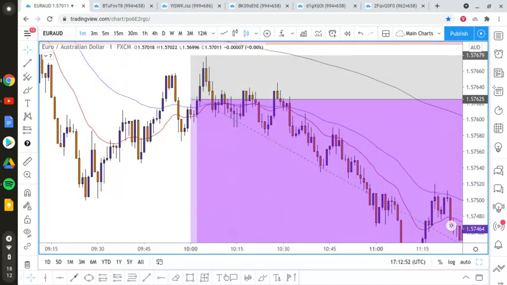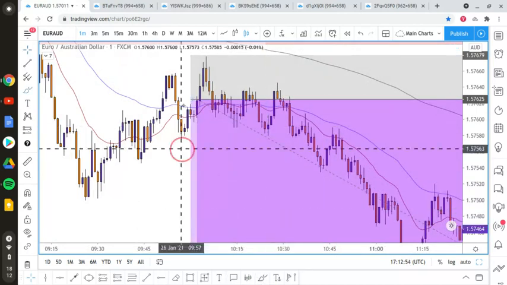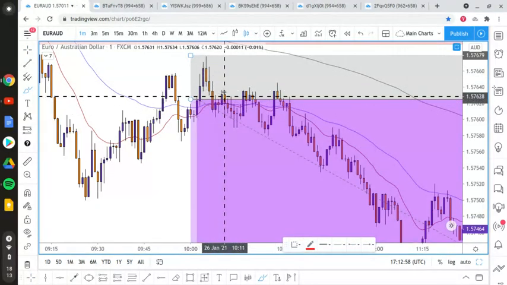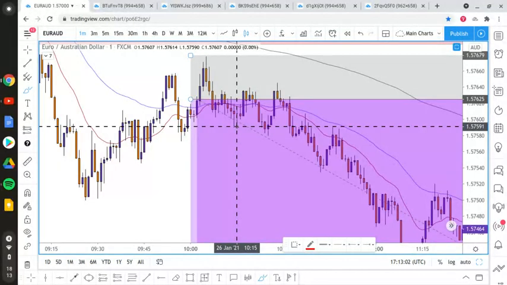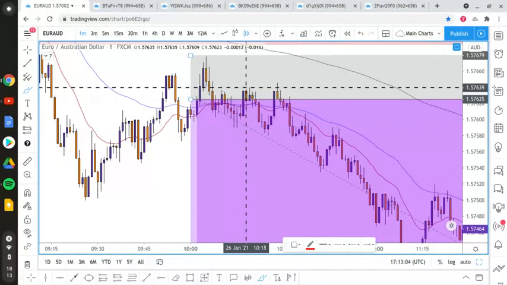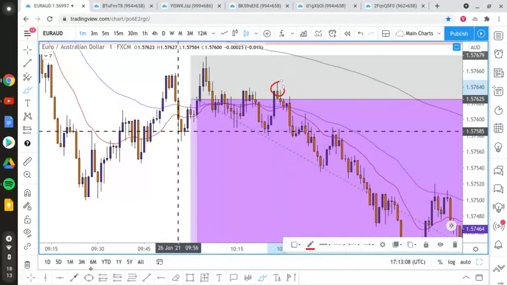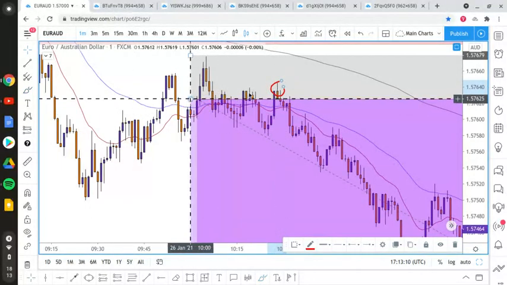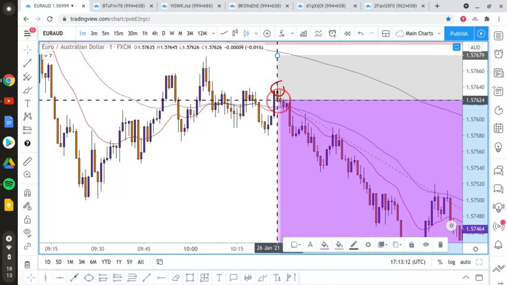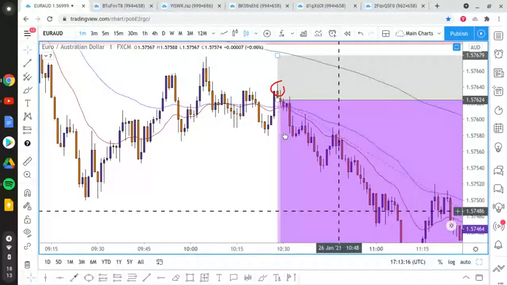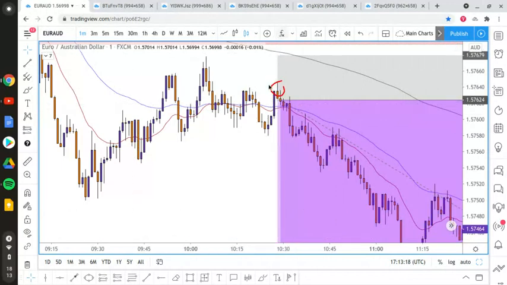What I'd seen was price pushing down, created a high here, lower low, double top, lower low, came back up into here. I entered after this 1 minute bearish candle. My stop loss was above there. And yeah, that was the trade.